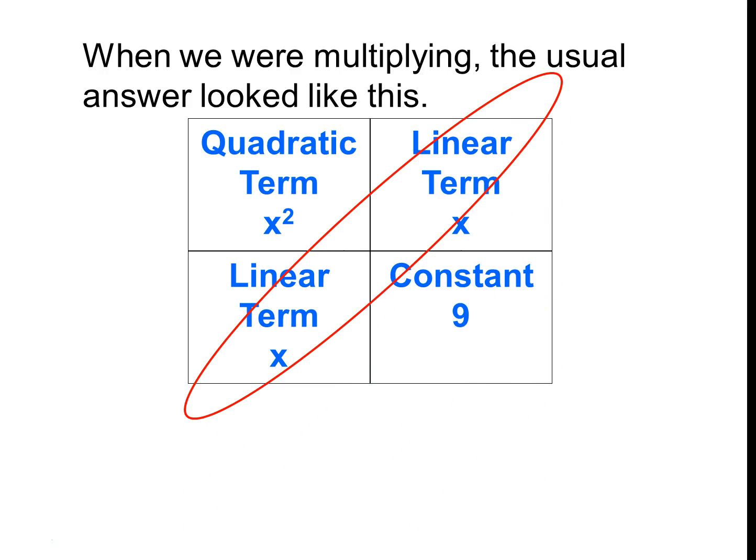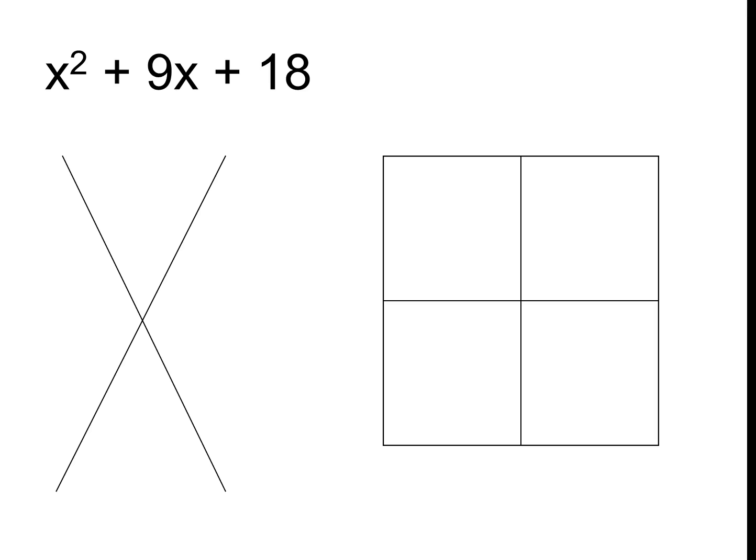So each time we did this, one of the things we did was add these two boxes. Most of the time, we added these two boxes. That's critical for what we're going to do. All right. So let's look at this. x squared plus 9x plus 18.